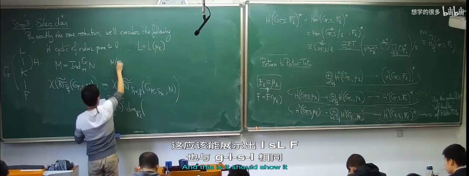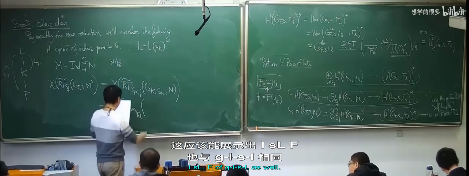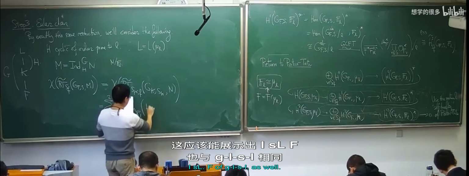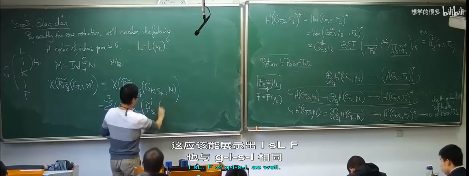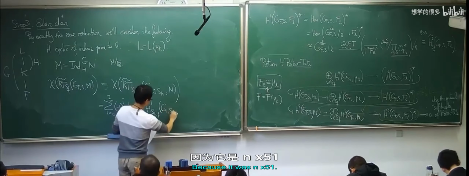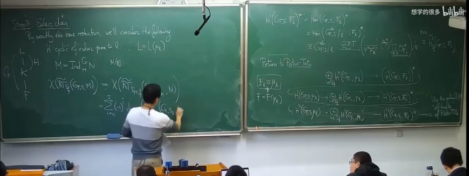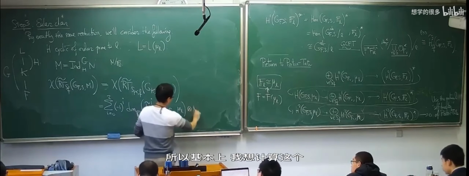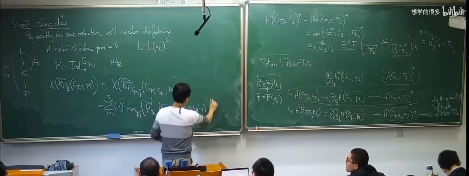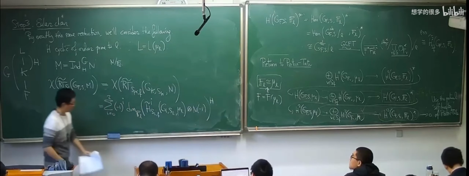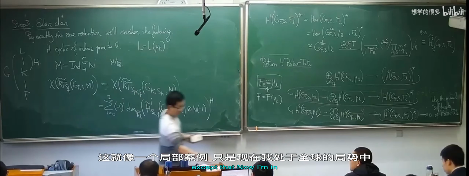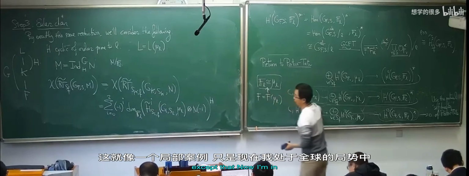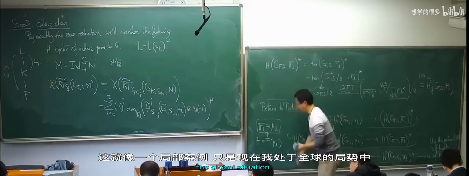And this is H^{2-i}_{SL,F}(G_{F,S}, μ_L tensor N twisted by 1 and H). So basically, I want to compute this thing here. It's like a local case, except that now I'm in a global situation.